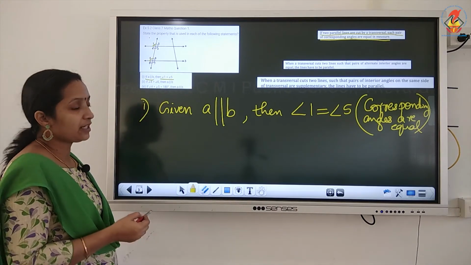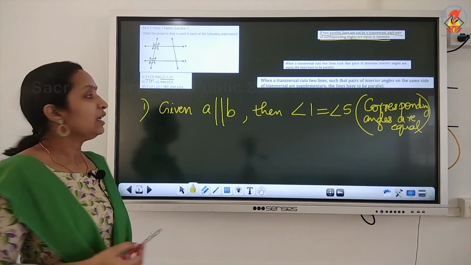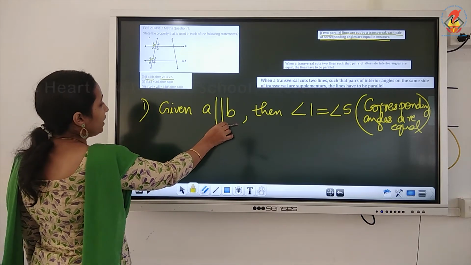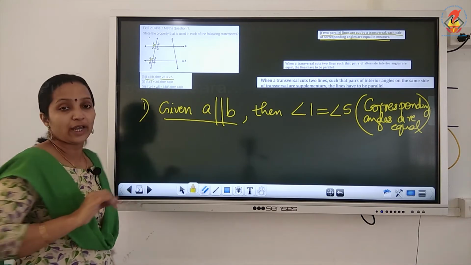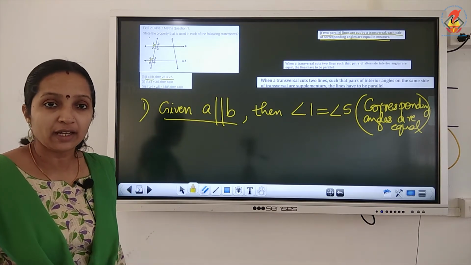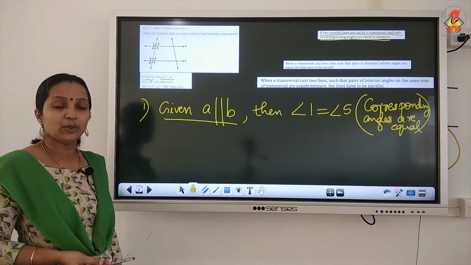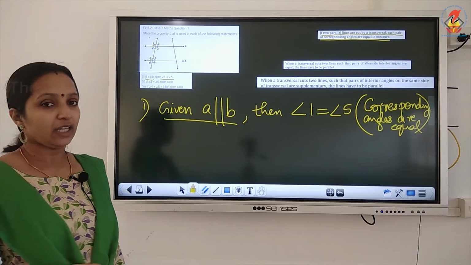These are the three properties if two lines are parallel. So, given that A is parallel to B, angle 1 is equal to angle 5, because they are corresponding angles, and corresponding angles are equal.